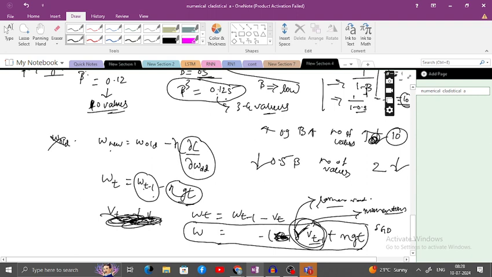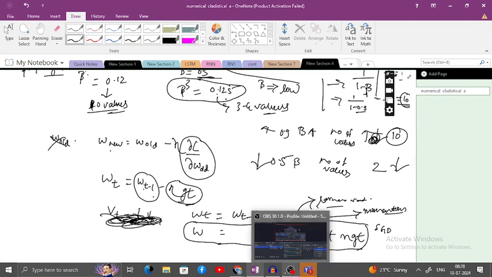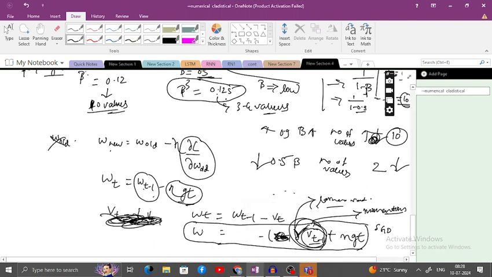Considering 2 values, you will find V of t minus 1, that is the present state, and that present state you will add to the equation. Same thing everywhere. This formula gets modified for each optimizer.